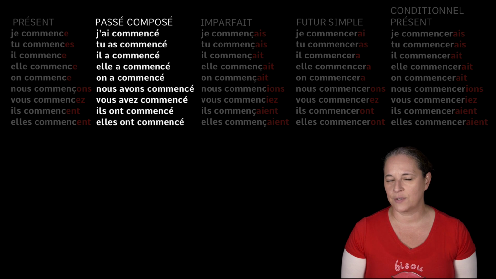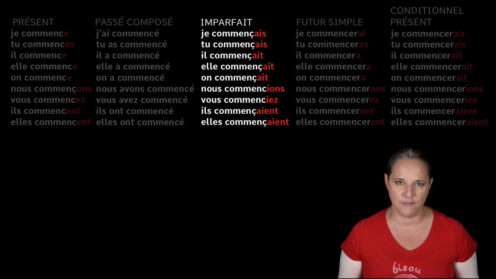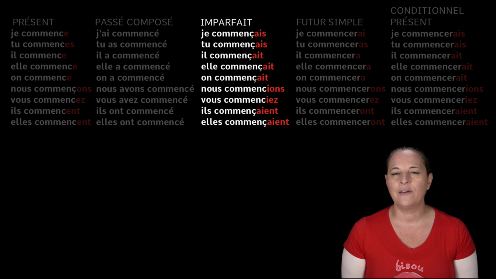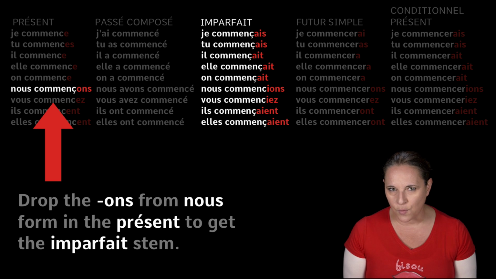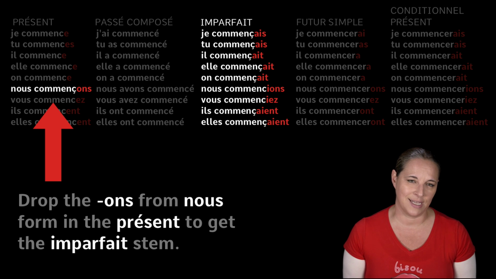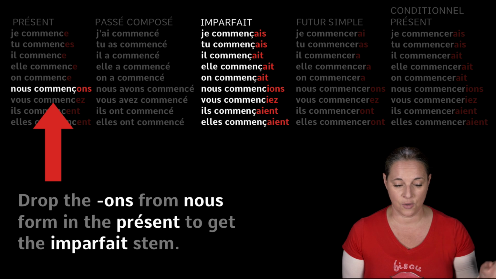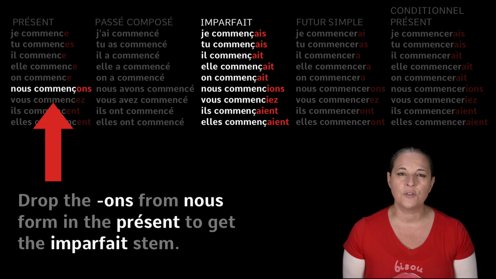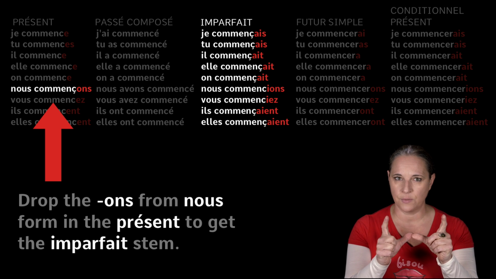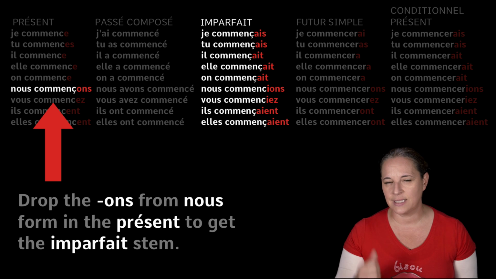Let's have a look at what it looks like in the imparfait. We want to say I used to start or I was starting. Now, have a look at the nous version of the present tense. Nous commençons. So nous commençons has a cédille. Now we want to use that stem, commenç with a cédille, and put it in the imperfect.